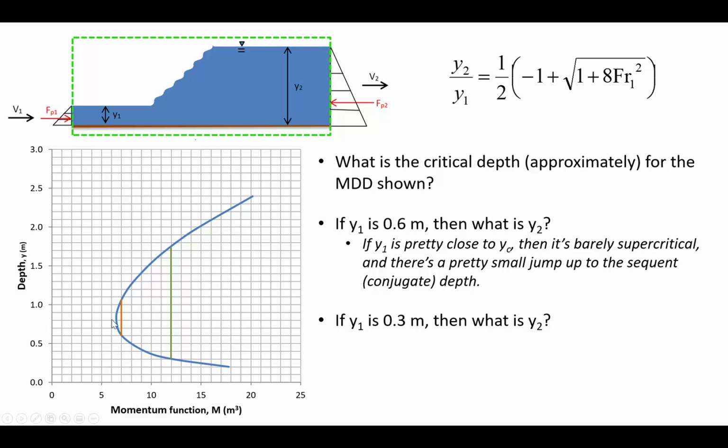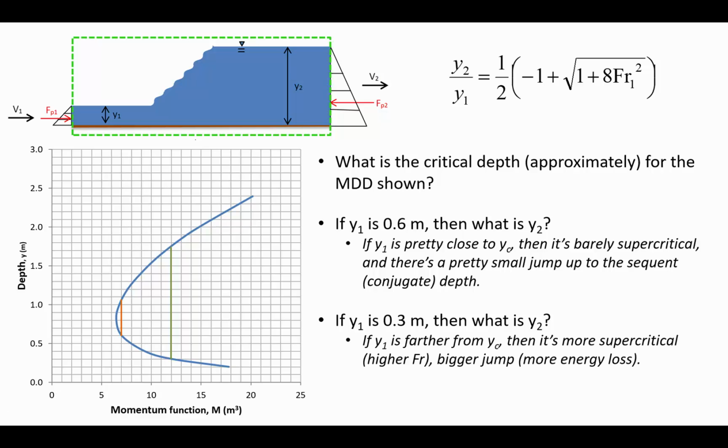So small change of elevation, big change of elevation if you start off with a shallower depth before the jump. So if Y1 is further from Yc, then that means you have a higher Froude number. For a bigger Froude number, there's a bigger difference between Y2 and Y1. The ratio between them increases as the Froude number gets higher.